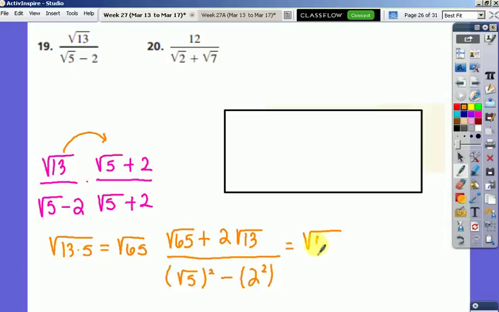In the numerator you have root 65 plus 2 root 13 divided by 5 minus 4, which is just 1. So your final answer is just root 65 plus 2 square root 13.